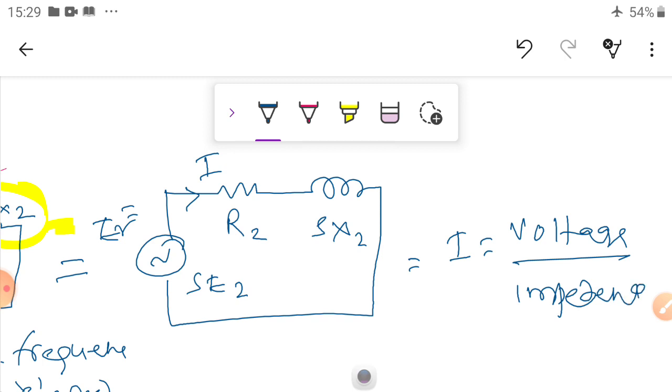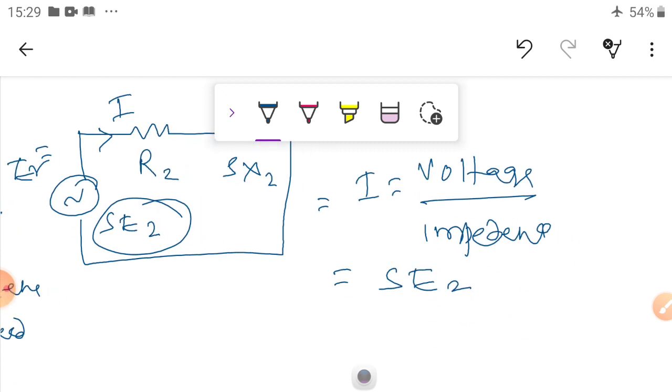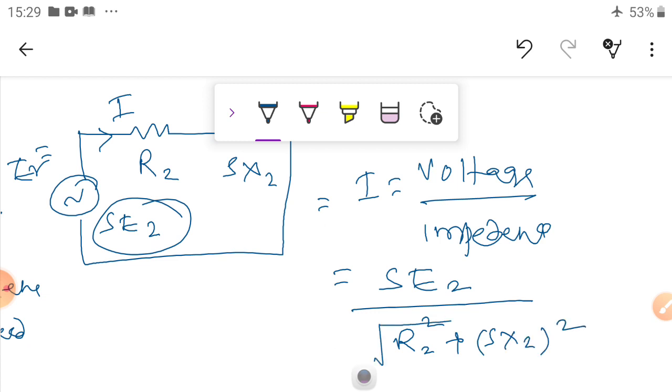Okay, so what is the impedance here? What is the voltage? This is the voltage, so I can write I2 is equal to S E2 divided by the square root of R2 whole square plus S X2 whole square. This is the current in the rotor.